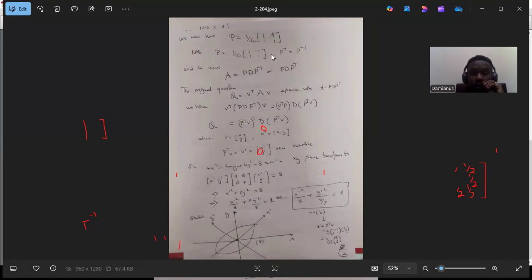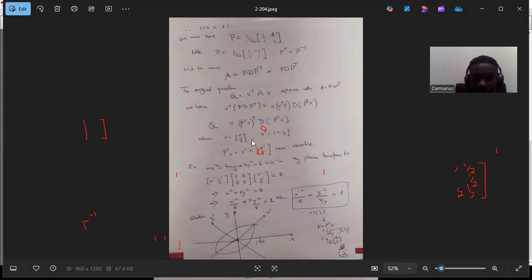And so now A can be written as P times the diagonal matrix times P inverse. The original one we had was V transpose A V. We can transform it now. We replace the A by this, and we end up with P transpose times V transpose, the diagonal matrix, times P V. Now, what does that really give us?